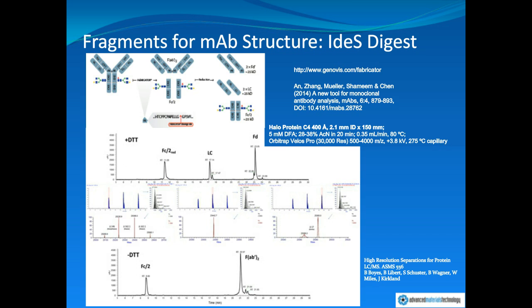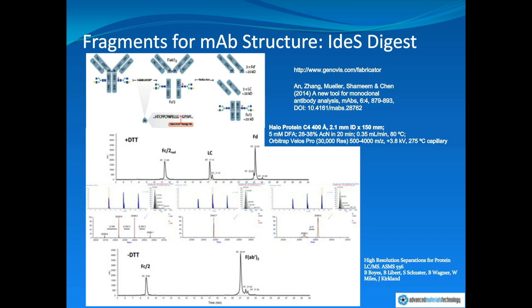And by doing this with online mass spectrometry, high resolution, we can chromatographically and mass spectrally resolve the variants of the polypeptide chain as well as the glycosylation variant. You can see that on the left-hand side when we deconvolute the mass spectral data for the Fc released fragment.